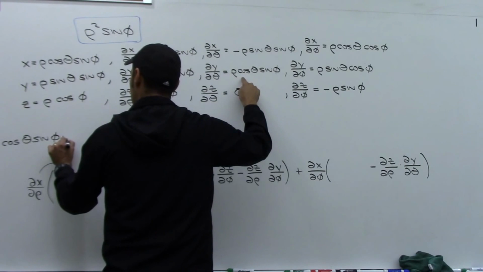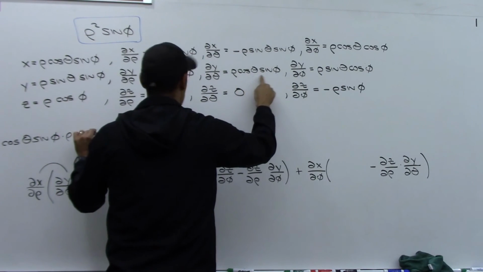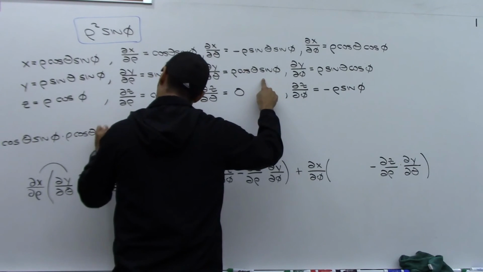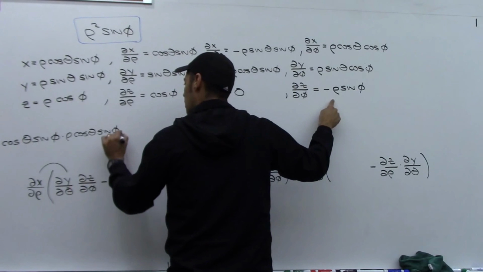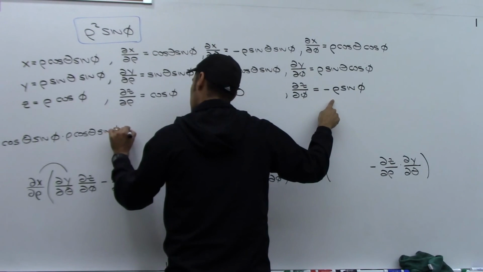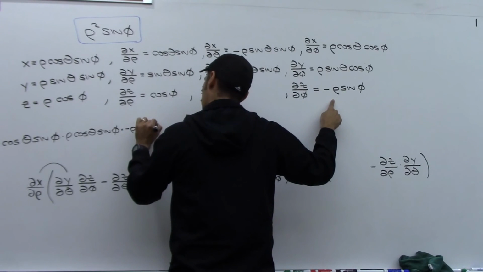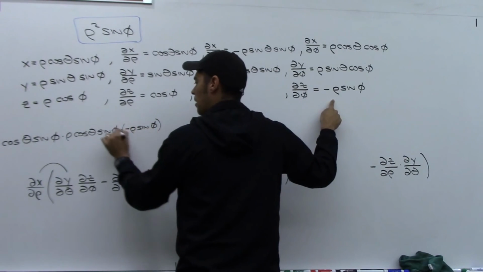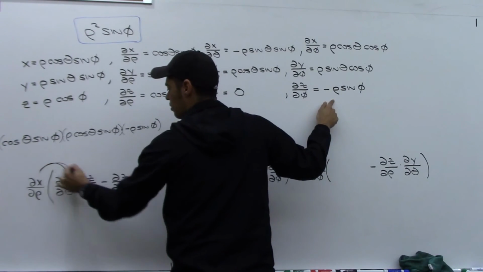So times rho cosine theta sine phi. But then this was also multiplied by partial z with respect to phi, which is times negative rho sine phi. Just remember, this is all multiplied together. So it's that times that times that. Okay, that's just this distributed through.